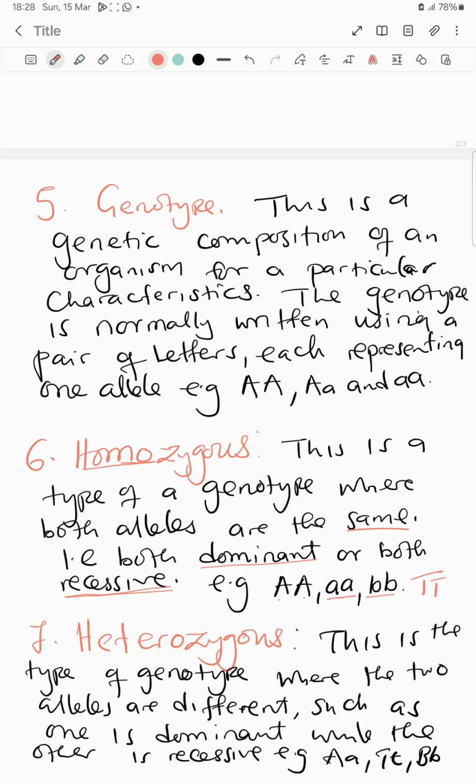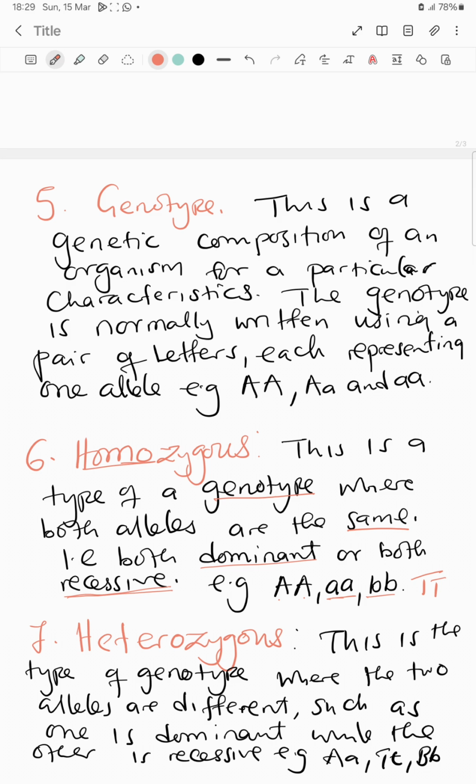Remember, genotype is the genetic composition of an organism for a particular characteristic, and it is normally written using a pair of letters. A pair means two, right?